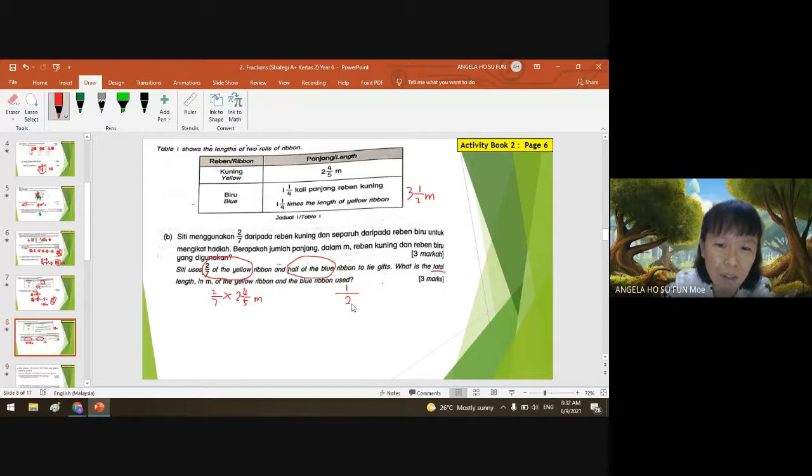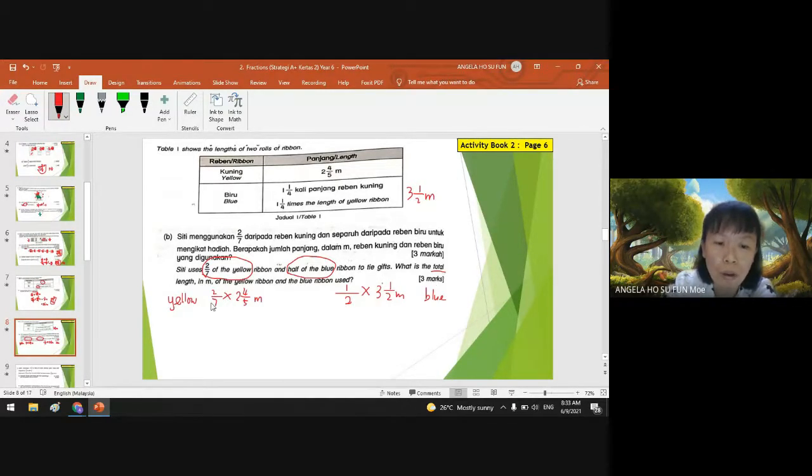Half is 1 over 2. Word 'of' is multiply. Okay, blue ribbon, just now you found already in A, is 1 over 2 meter. So this is actually the blue ribbon. The other side here, just now teacher did this one, here is yellow. This is the yellow one.